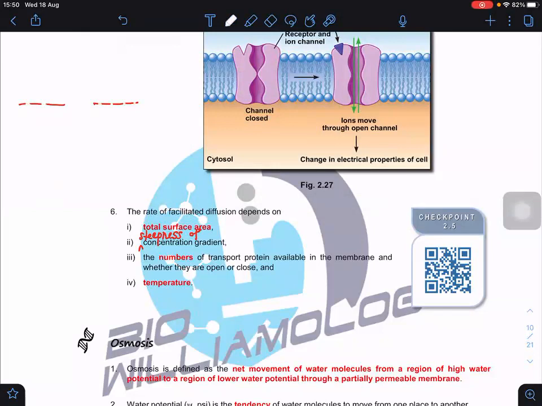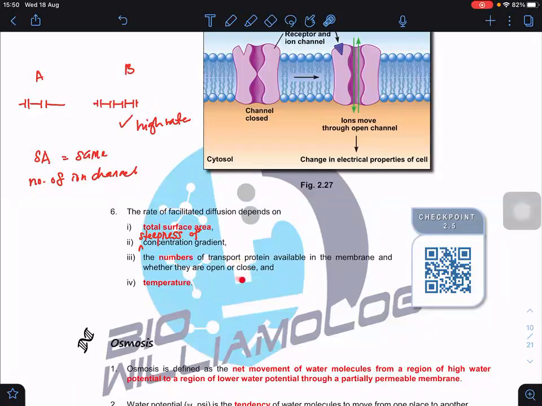So therefore, surface area is the same, but the number of ion channels is more, 4 compared to 2. So this one will have a higher rate compared to A. Are you clear?